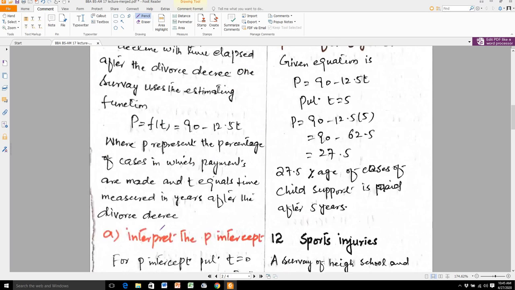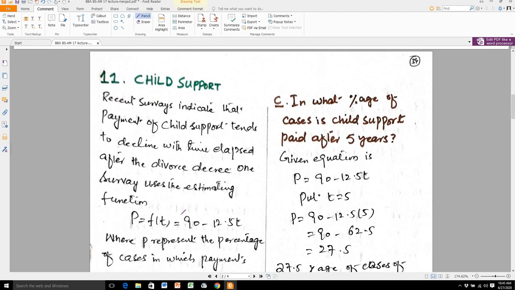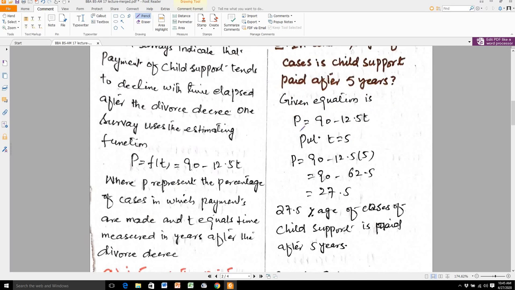Now here in part C: in what percentage of cases is child support paid after 5 years? You know the given equation after the survey is P is equal to 90 minus 12.5 t.